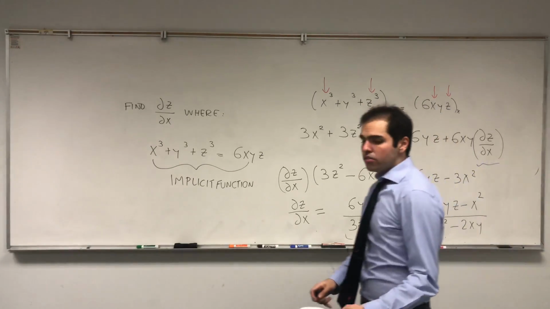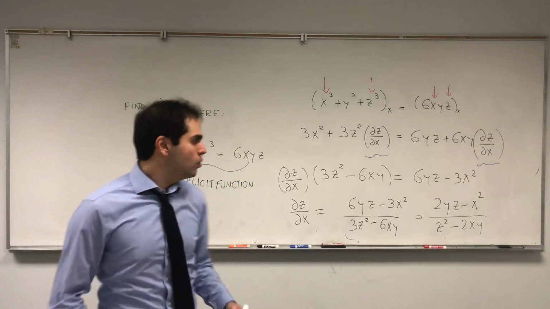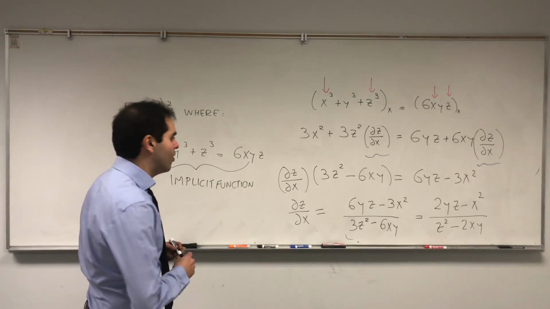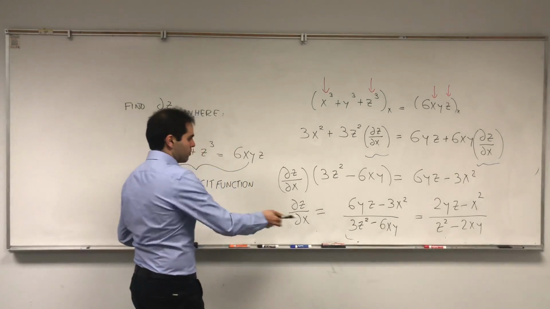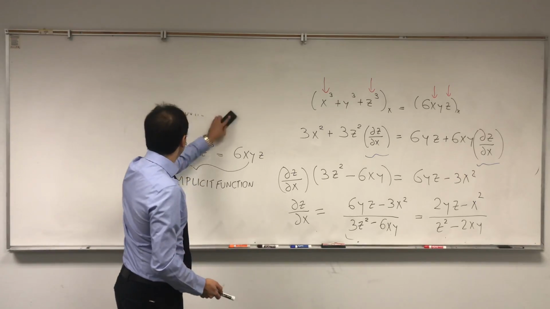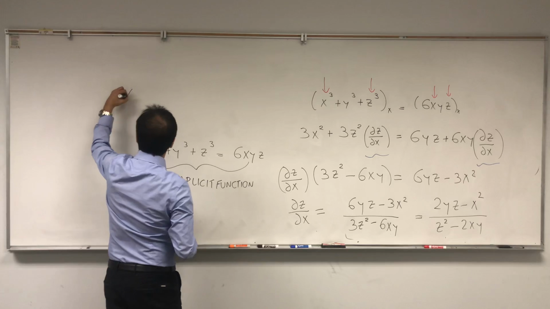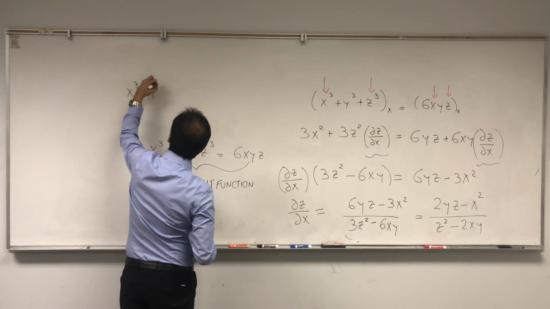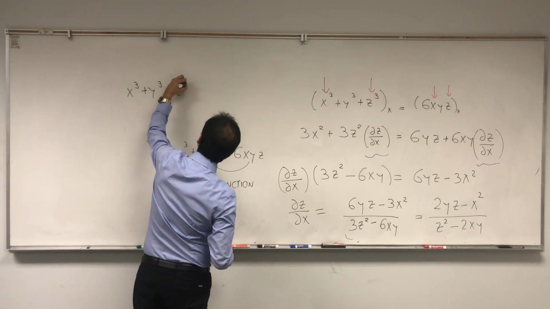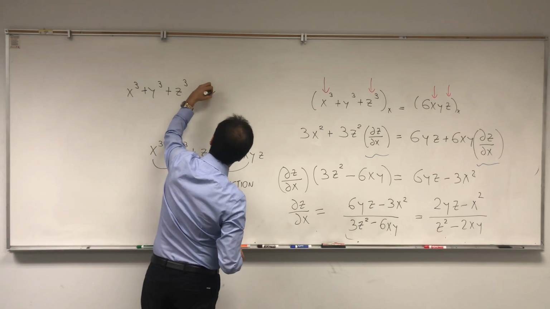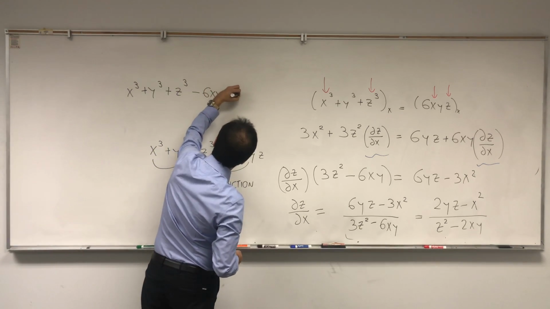And then there is another way that's kind of useful for more complicated functions, but this is if you want the direct method. Another way of doing it is put everything on the left-hand side. So x cubed plus y cubed plus z cubed minus 6xyz equals 0.